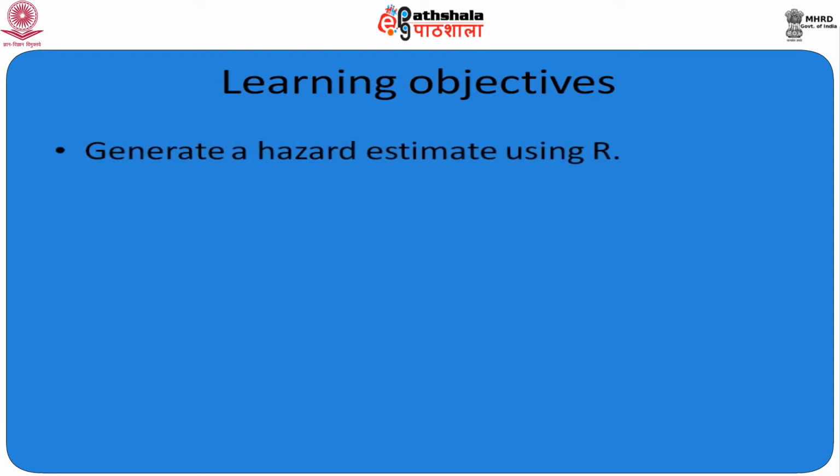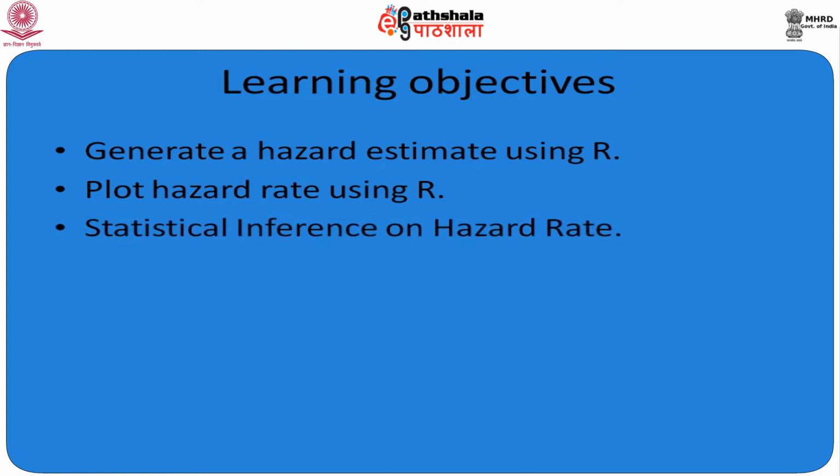At the end of this module we will learn how to generate a hazard estimate using R, plot the hazard rate in R, and do statistical inference about the hazard rate. Let's start.